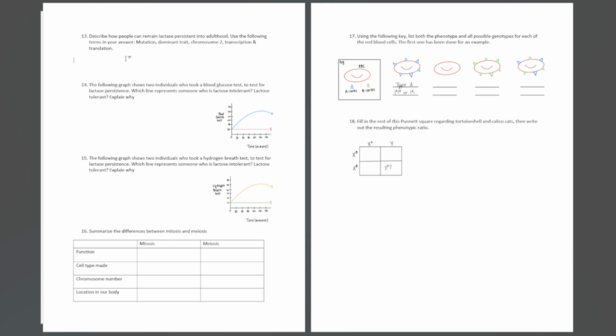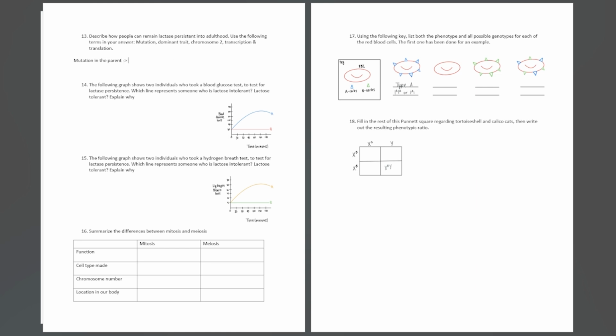So here's the thing. Lactose persistence into adulthood is the result of a mutation. So your parents have been mutated at some point, because their parents are likely also lactose tolerant. So we have a mutation in the parent.